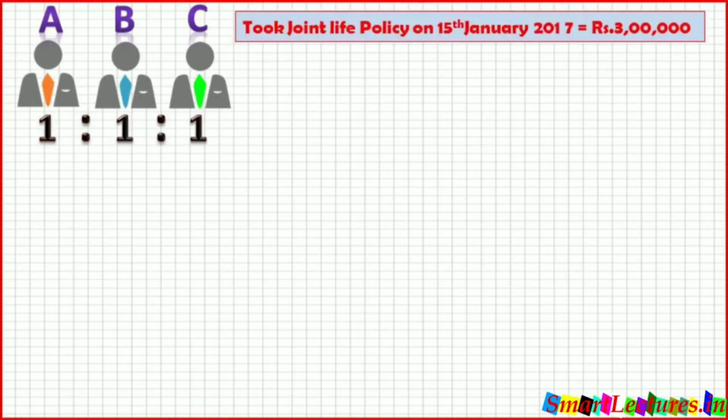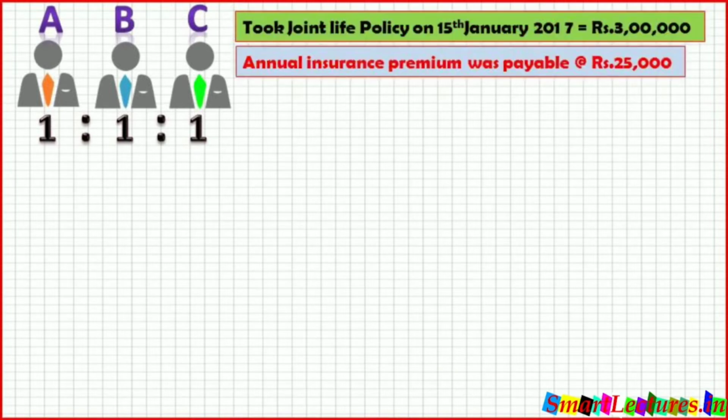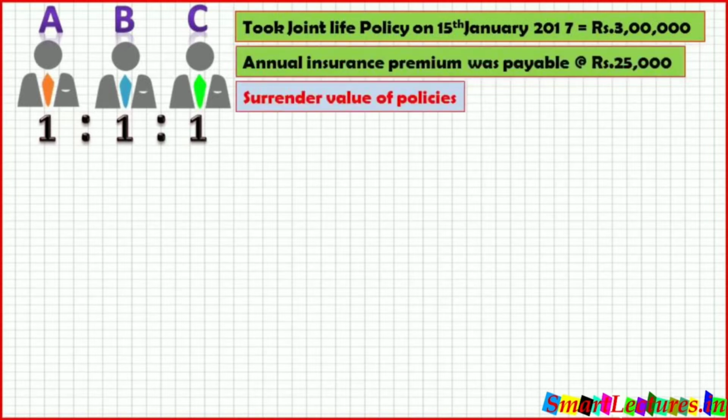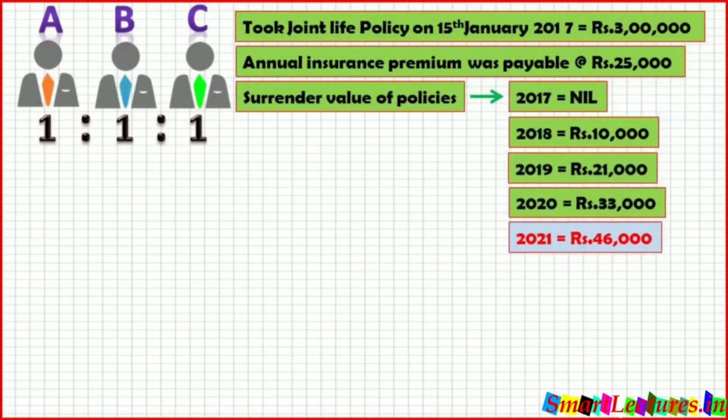Suppose A, B, C were three partners sharing profits and losses in the ratio of 1:1:1, and they took a joint life policy for rupees 300,000 on 15th January 2017, and the annual insurance premium was payable at rupees 25,000. These were the surrender values of the joint life policy: 2017 nil, 2018 10,000, 2019 21,000, 2020 33,000, 2021 46,000.